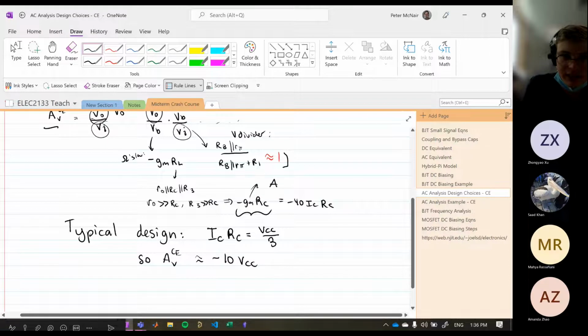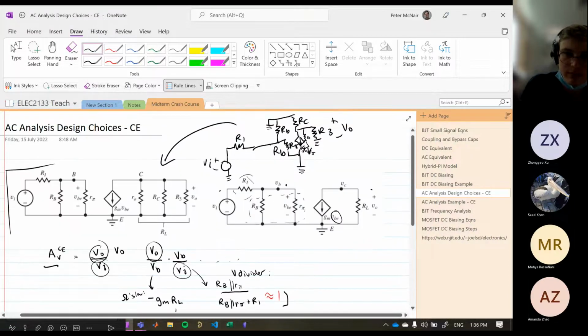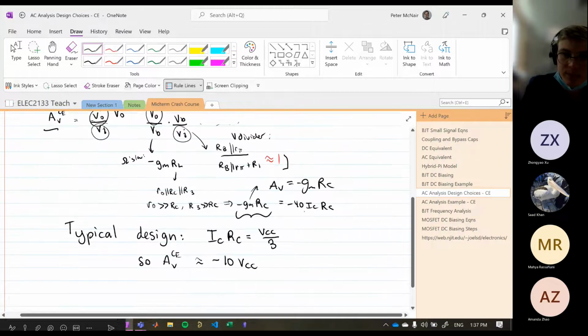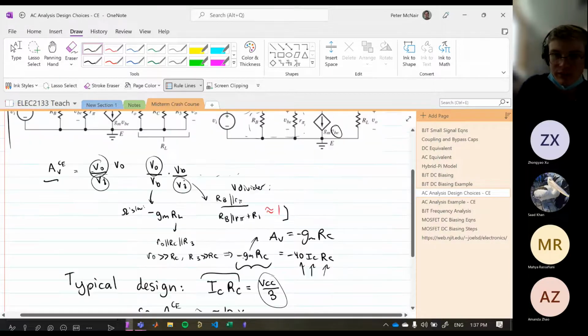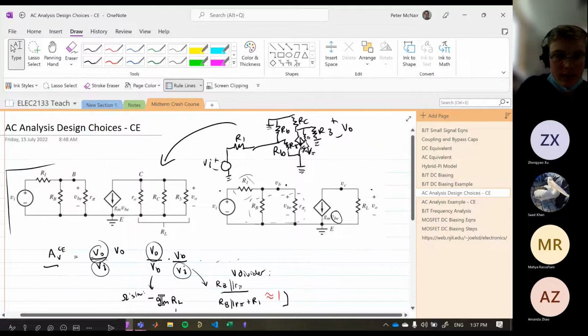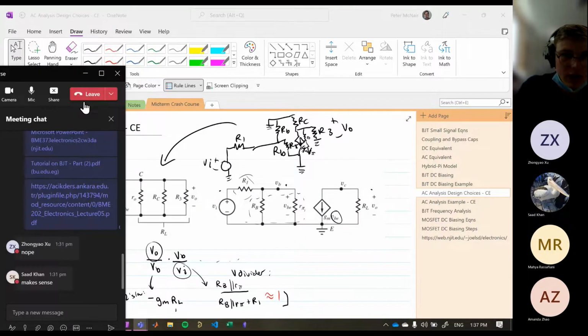Just say AV is minus GMRC for this circuit, which is again minus 40 times IC times RC. Typically, we'd set this to be VCC on 3. So then our gain should be approximately minus 10 times VCC. That's just sort of a ballpark figure.